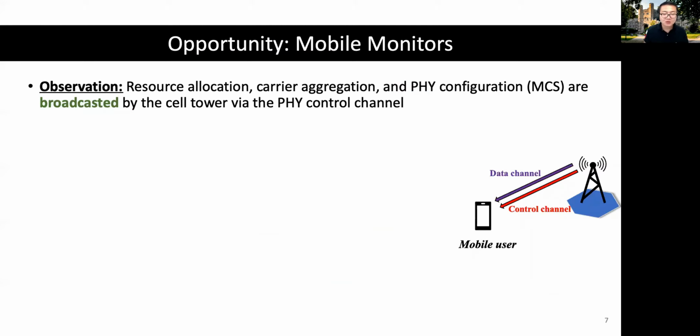All the information we mentioned before, like the resource allocation, carrier aggregation, and MCS index, is broadcast by the cell tower. The cell tower has a data channel to deliver data. It also has a dedicated control channel to deliver all the information to the mobile user. Most importantly, the control channel is not encrypted, which means a mobile user can decode every control message sent over the control channel.